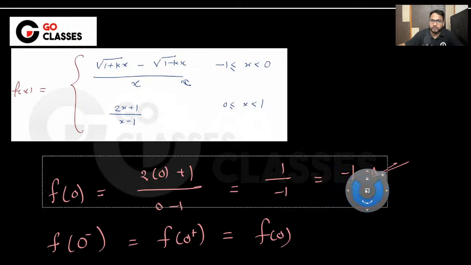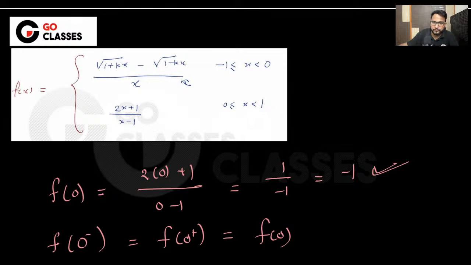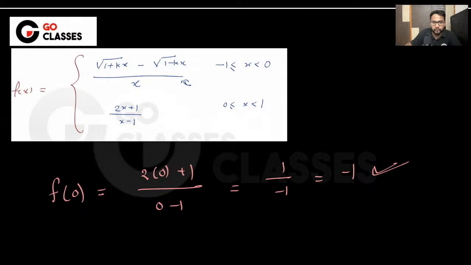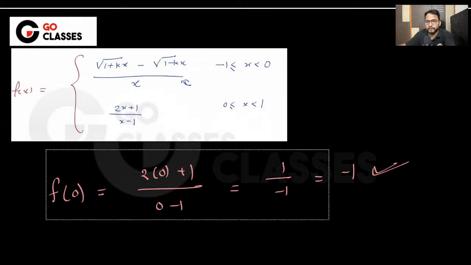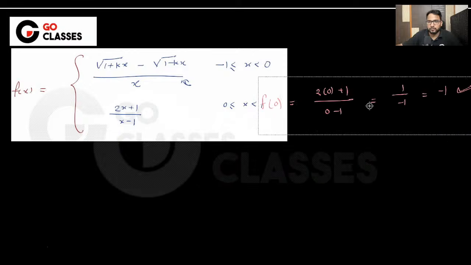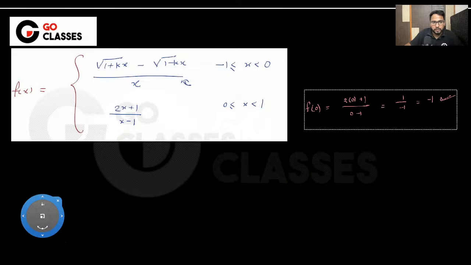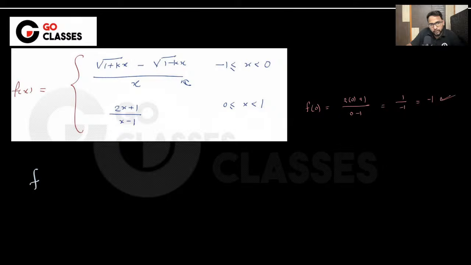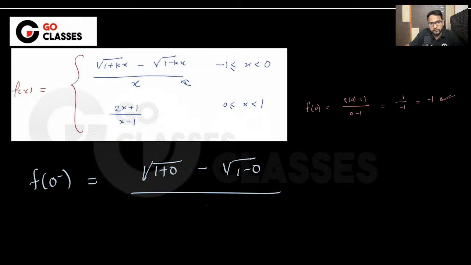Now let's find out the value at 0 minus. So f of 0 minus means you are talking about this particular function, which is the square root of 1 plus kx, minus 1 minus kx, upon x.